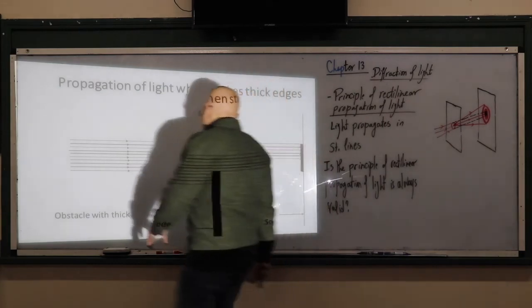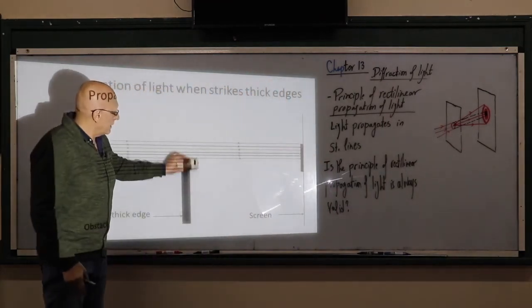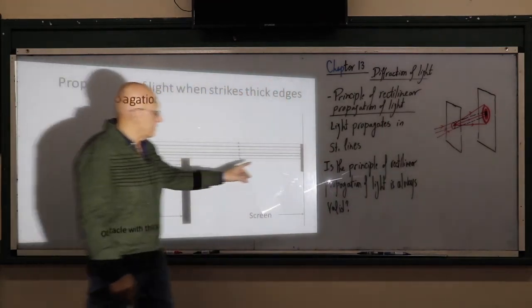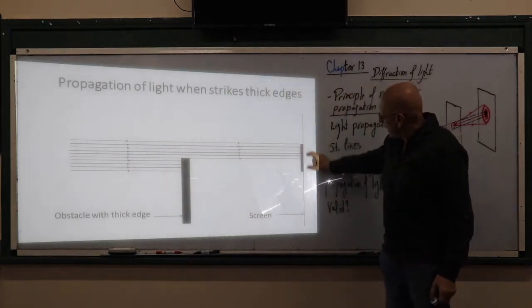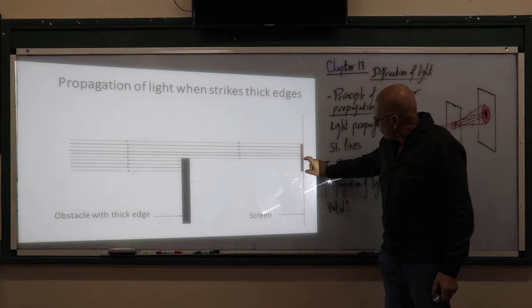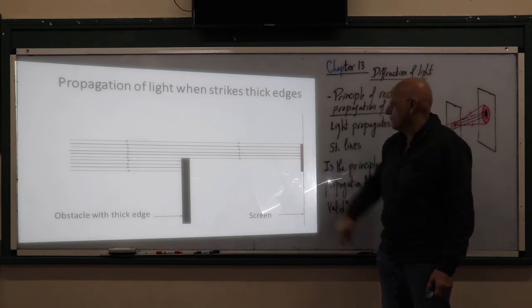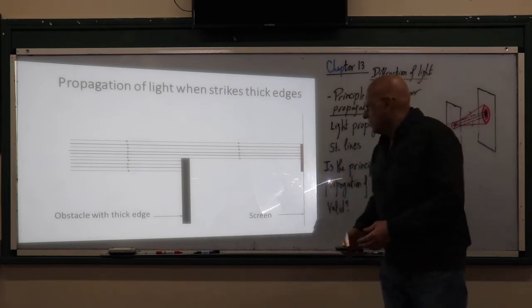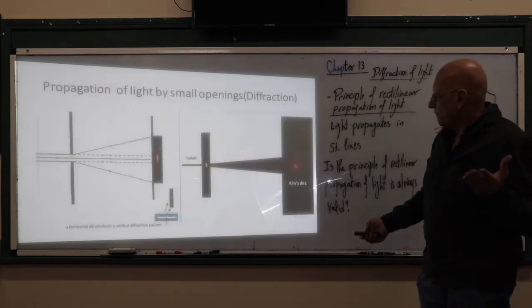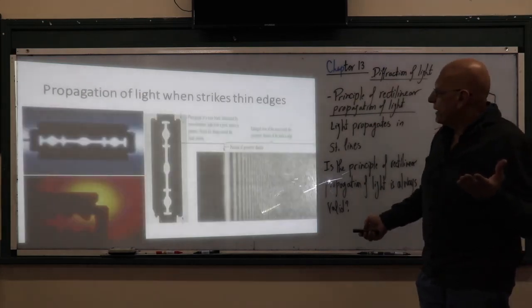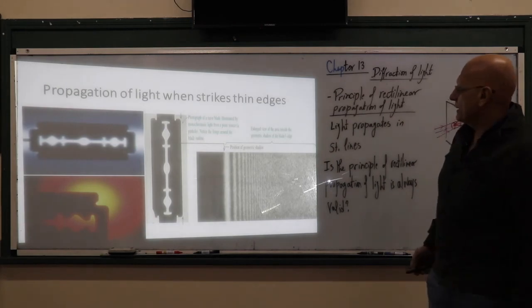We said that we obtain a bright region and a well-defined dark region. These are well-defined, separated by a straight line. But do we observe this with thin edges? Let's see.